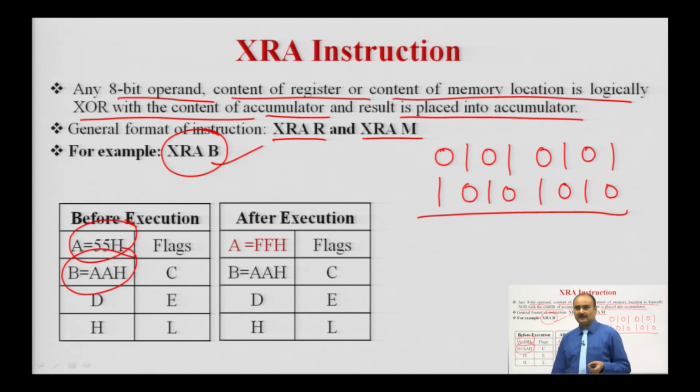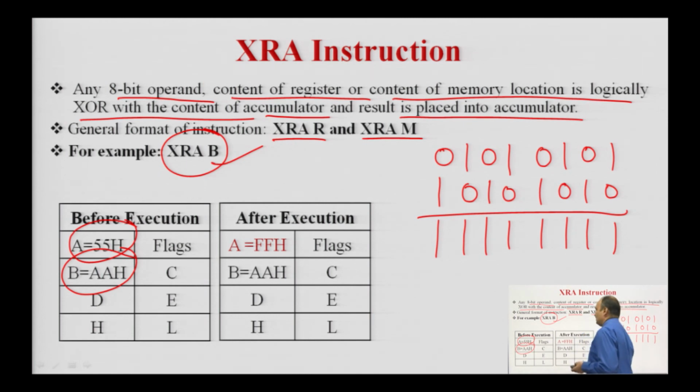As per the truth table of the XOR gate, if both the inputs are the same, then the output is 0, otherwise 1. Here, the two inputs are different, so we get the output 1111 1111. After the XOR operation between these two numbers, the result is FFH.